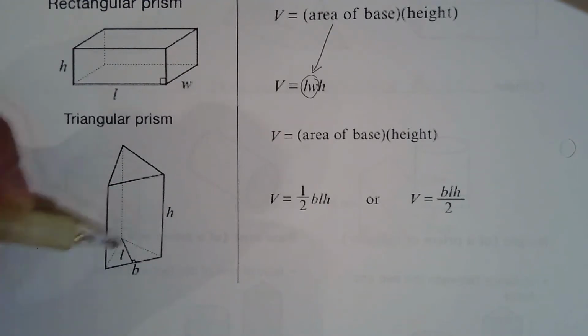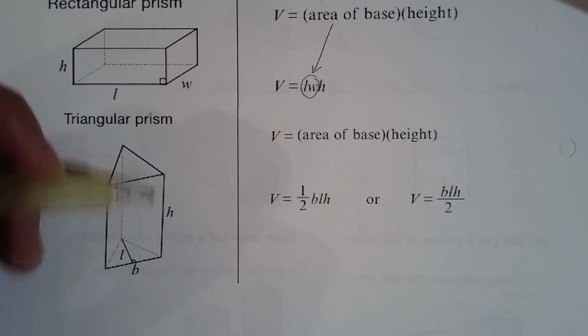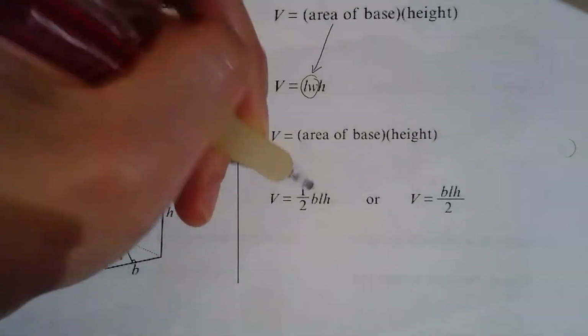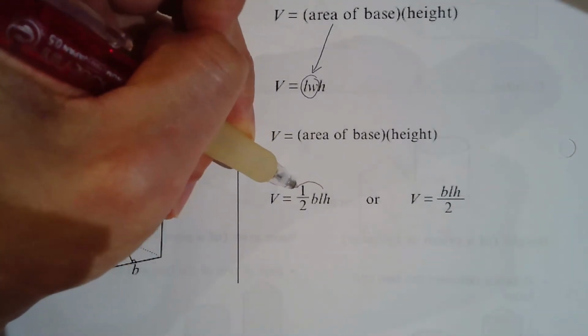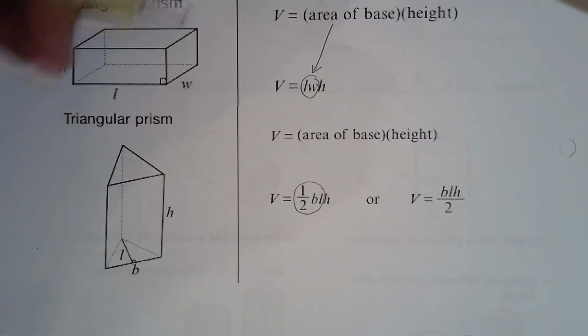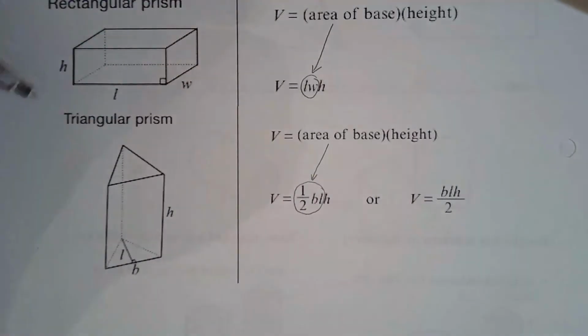You can't put two H's, because you have to talk about the height of the triangle and height of the triangular prism. So we use L for the height of the triangle. Nonetheless, it's the same idea. Area of the base times the height. So this is area of the triangle times the height. Okay? Exact same idea. So let's practice.